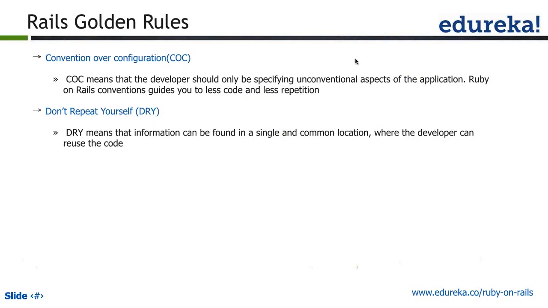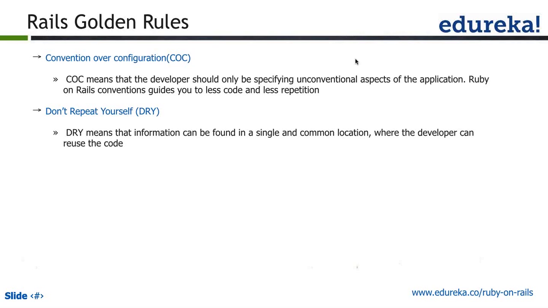Moving forward, the basic premise of Ruby on Rails is convention over configuration. When we used to develop in Java or earlier languages, we had to do a lot of configuration. What is the name of the database, which folder the cache will be in, which folder the database will be in, where our model will be, where our view will be.